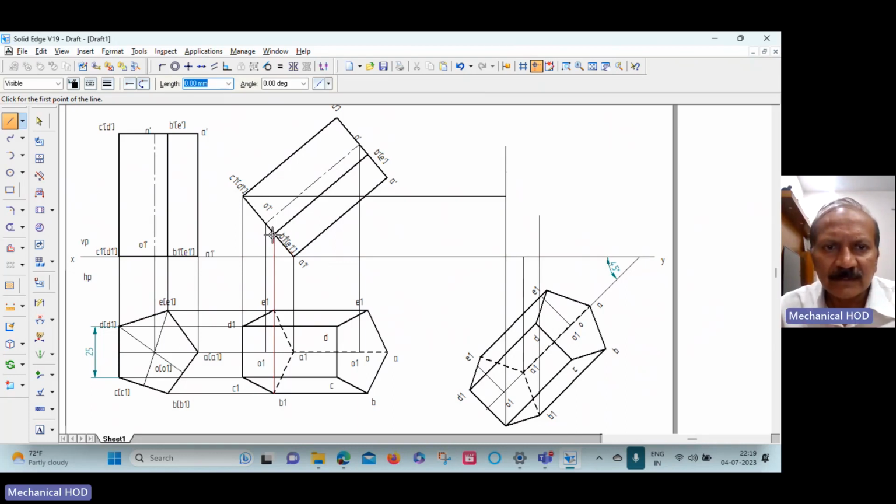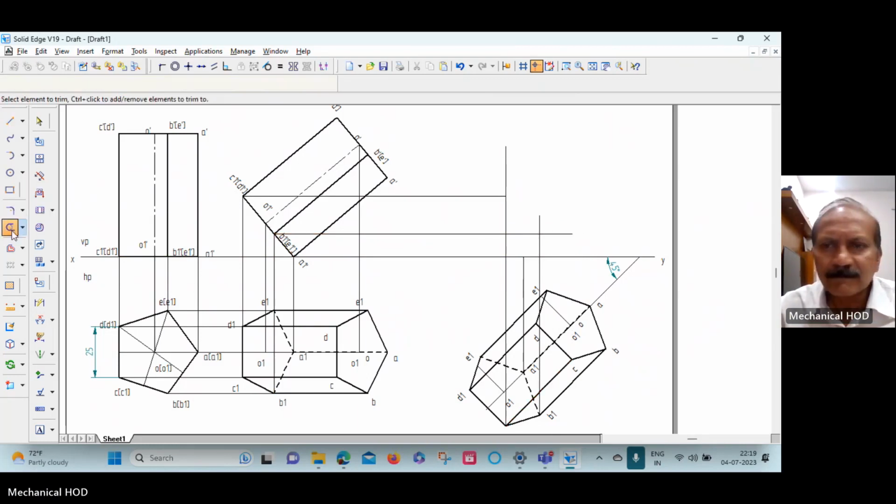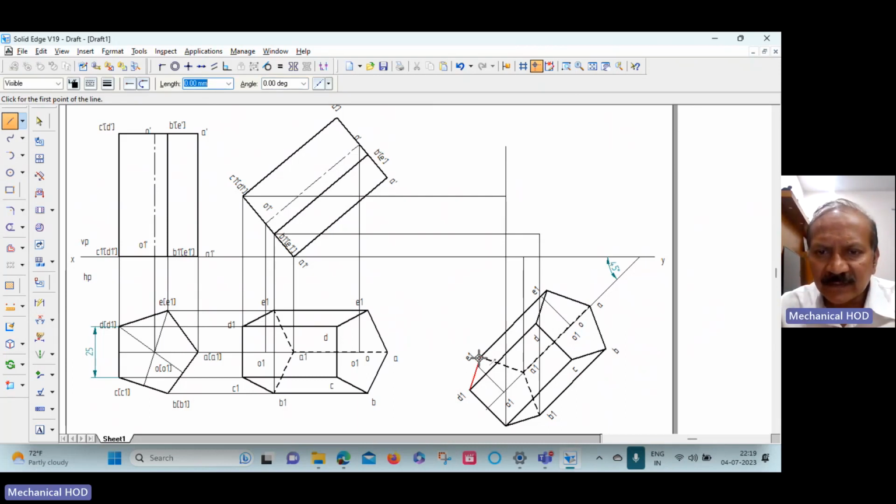This is B1. Then this is E1. Touch here. E1, D1. This is D1.